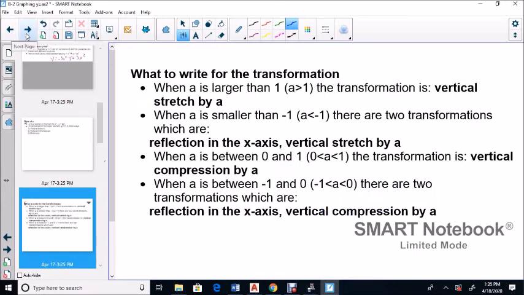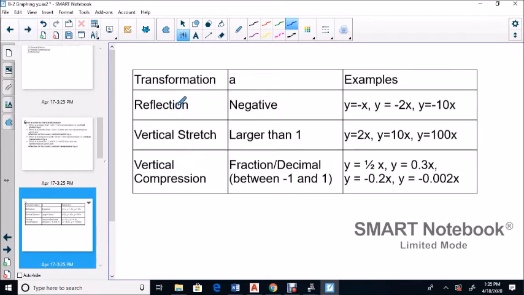Now, I've put all this into a table here. So a reflection occurs when a is negative. Here are some examples: -x, -2x, -10x. I could add another one here, maybe y equals -0.5x. Anytime there's a negative in the front, it makes it open down, or it reflects. There's a vertical stretch when a is larger than 1.